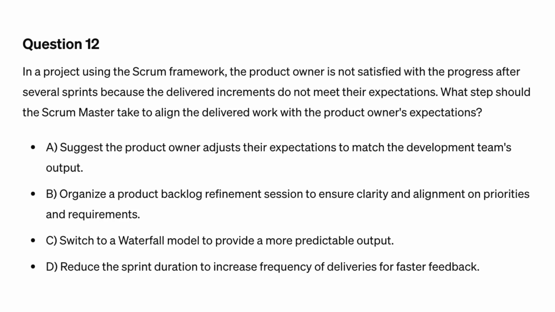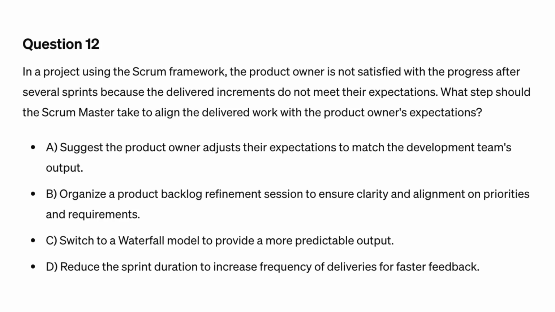Question 12. In a project using the Scrum framework, the product owner is not satisfied with the progress after several sprints because the delivered increments do not meet their expectations. What steps should the Scrum Master take to align the delivered work with the product owner's expectations? A. Suggest the product owner adjusts their expectations to match the development team's output.